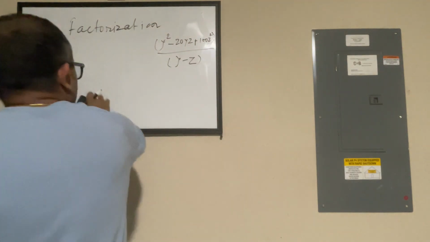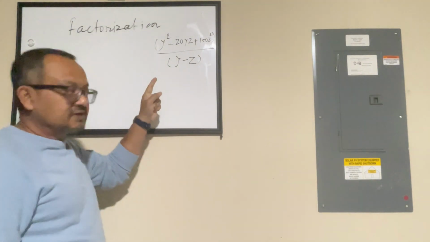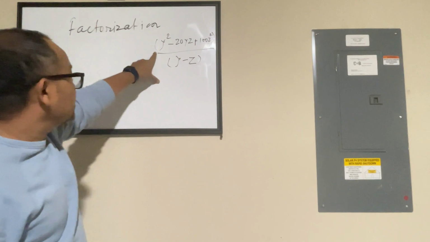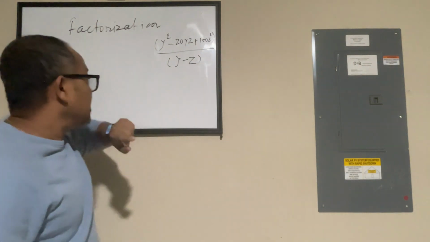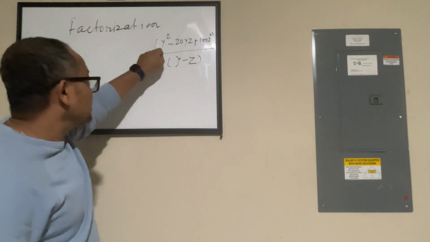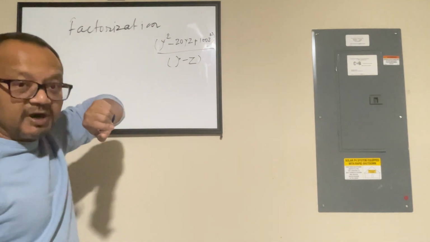When I saw this question, I read it once, twice, thrice. Okay, this is y squared minus 20yz plus 100z squared. So I see one square, I see another square, and then I see something with a minus.